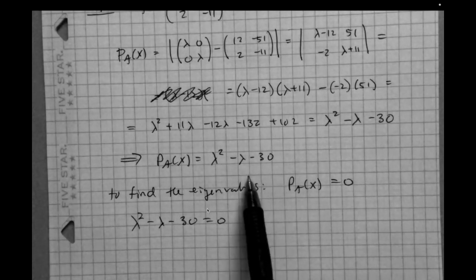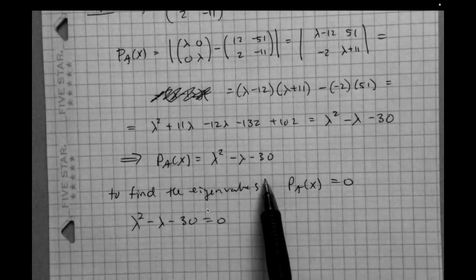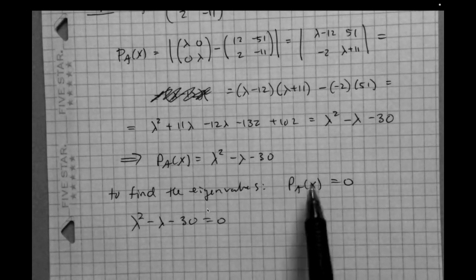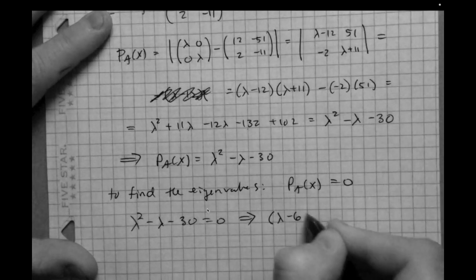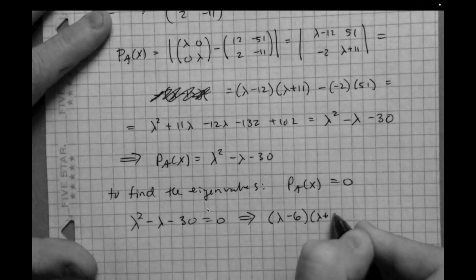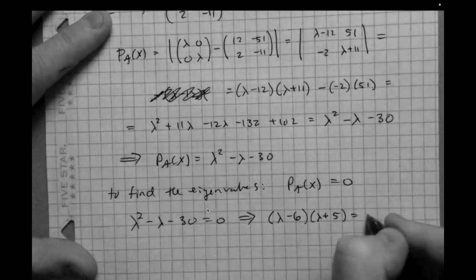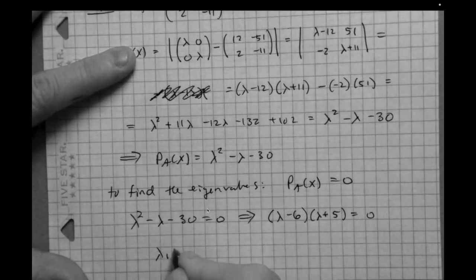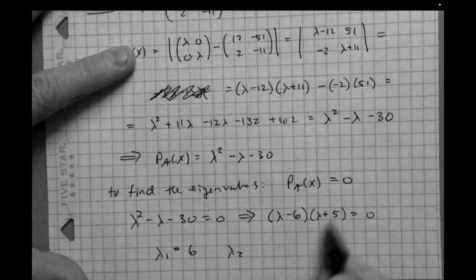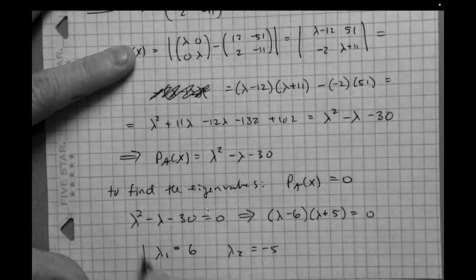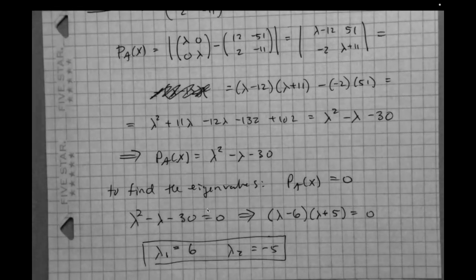If you have lambda minus 6 and lambda plus 5, you get what you need here. So lambda minus 6 times lambda plus 5 equals 0, and so lambda 1 is 6 and lambda 2 is negative 5. So I can find the eigenvalues really quickly here.